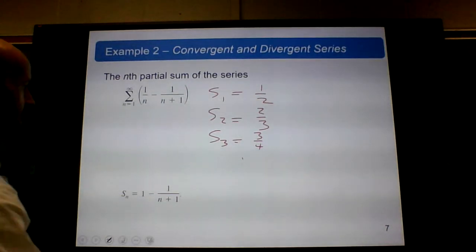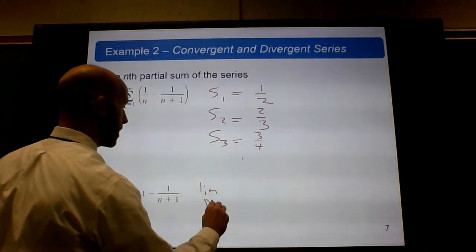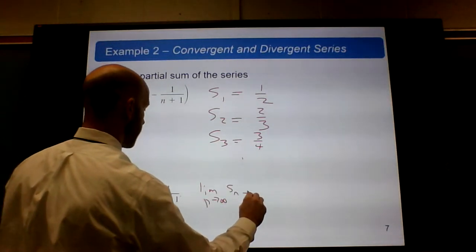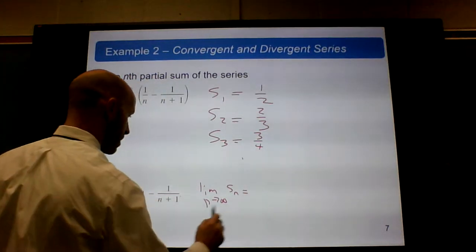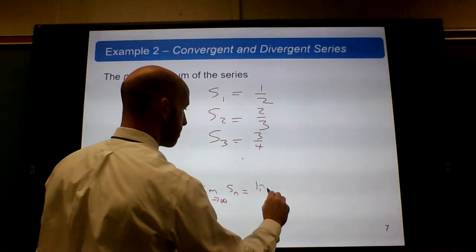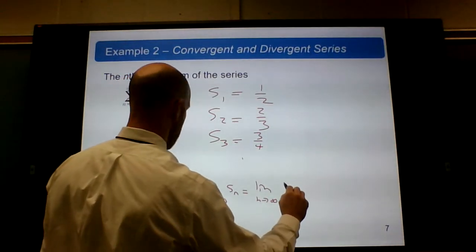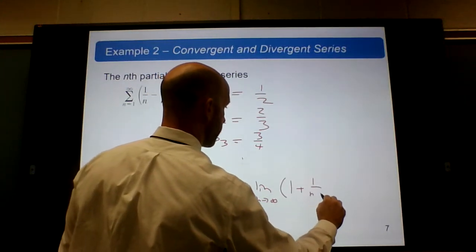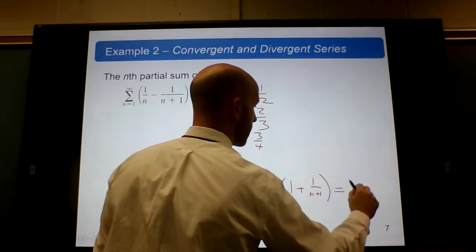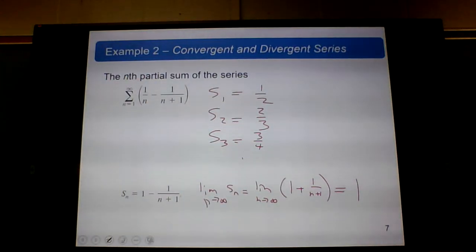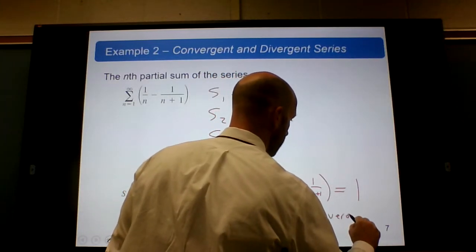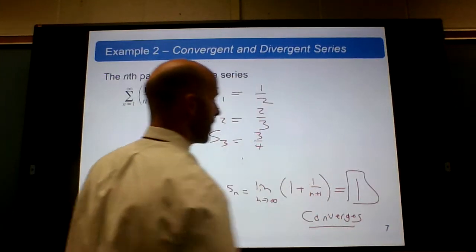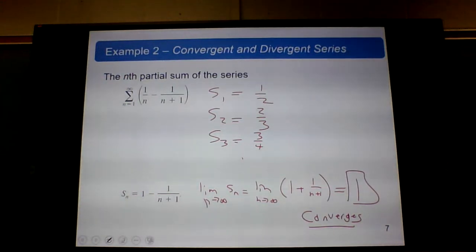And if we want to figure out the limit as n goes to infinity of s of n, we need to do the limit as n goes to infinity of 1 minus 1 over n plus 1. Well, we can clearly see that that's also going to give us 1, and therefore it converges. And just to let you know, we're going to come back to this example, so let's keep this one in mind.